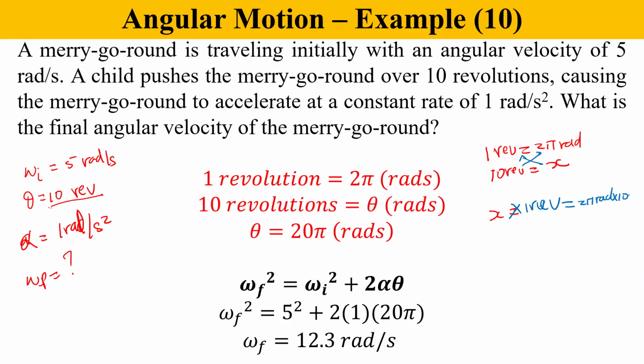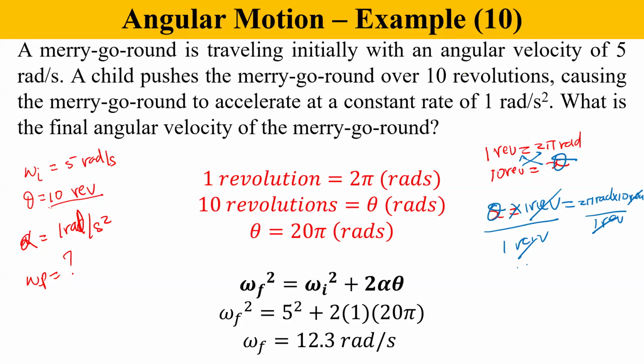times 10 rev. You divide by 1 rev, or you do it the other way that we have done before. Divide by 1 rev, that cancels that, this cancels that. Then you will get your theta, I should call this theta.